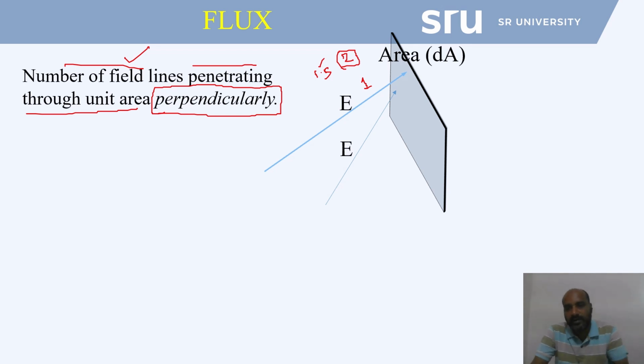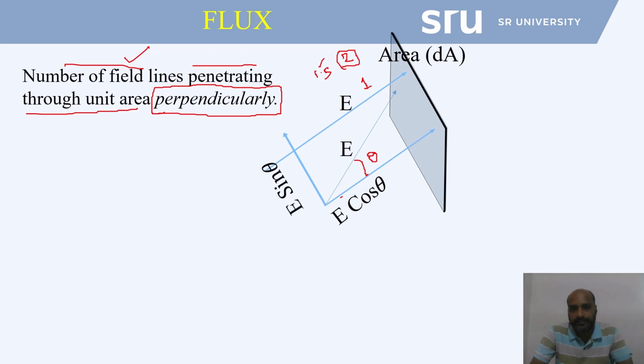So what we'll do is resolve that vector into two components, component 1 and component 2. If this angle is theta, then the components will be E cos theta and E sin theta. The contribution of this electric field passing through the surface is not the entire E, but a part of E, E cos theta.